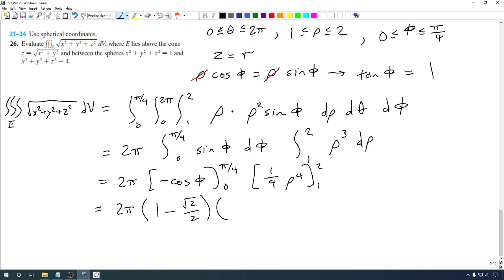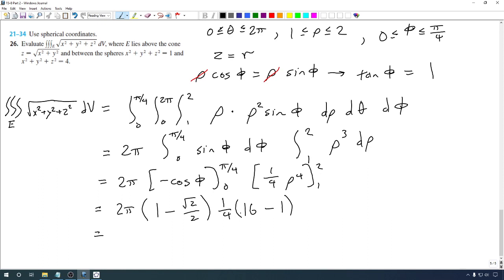And then here, you can even go ahead and pull out the 1/4. We have 2 to the 4th power is 16, minus 1 to the 4th power is 1. So we get a 15 here. So we have 15 over 4, we have a 2 pi. I'm actually going to steal the 2 from the 2 pi and use it to simplify this, to make this into a 2 minus square root of 2.